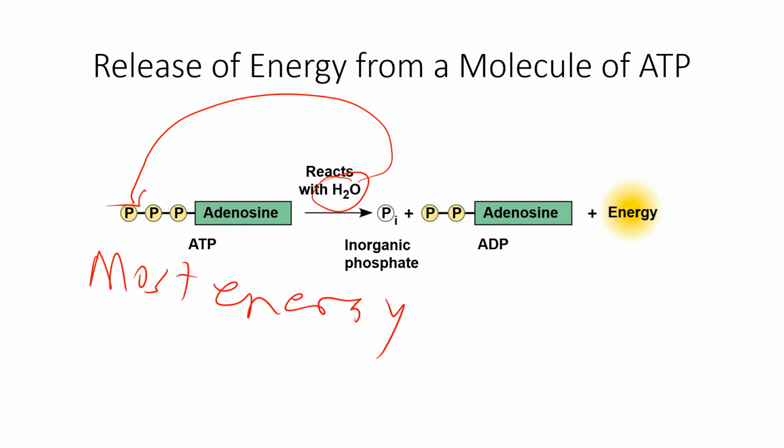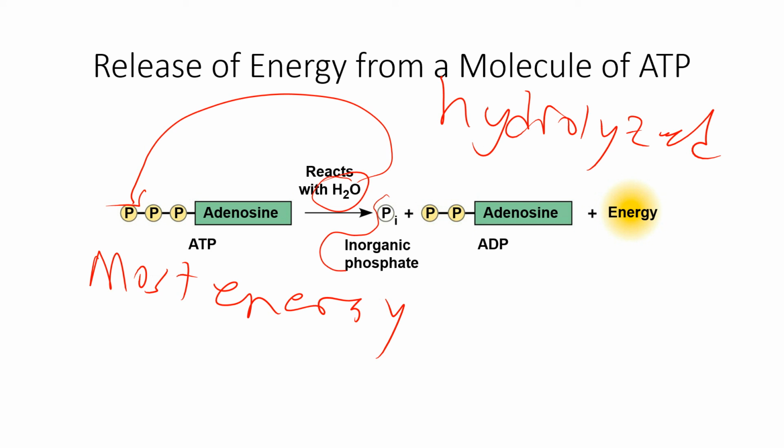That covalent bond that joins the phosphate to the phosphate group, when that gets broken, when it gets what we call hydrolyzed, you end up with this inorganic phosphate all by itself.